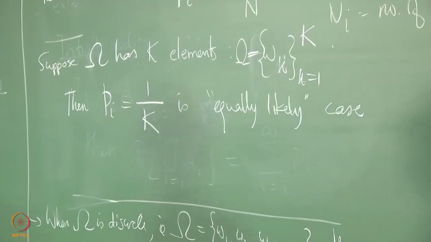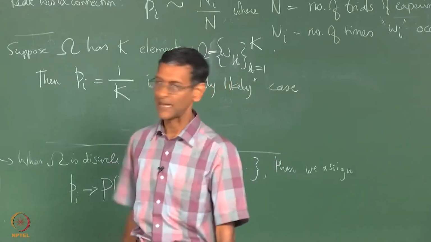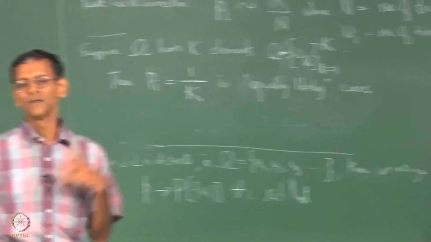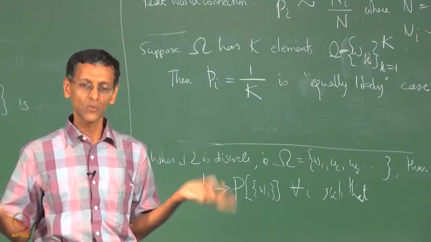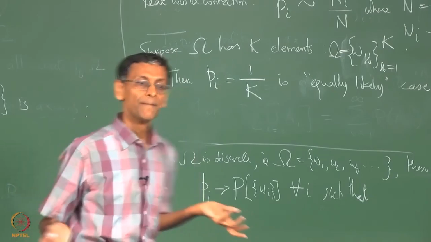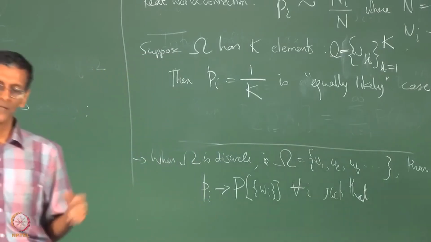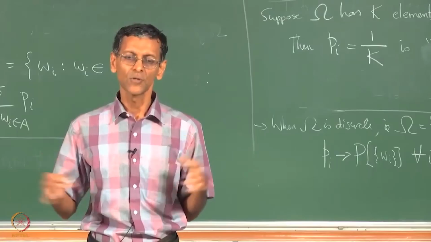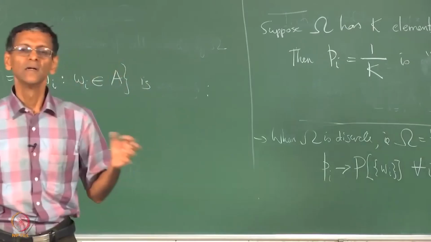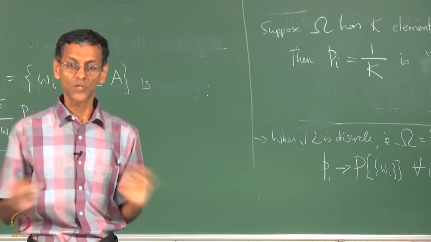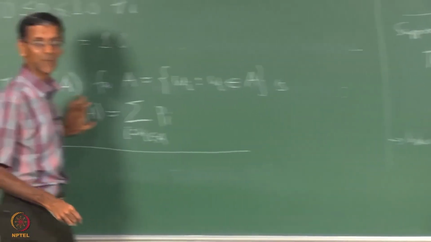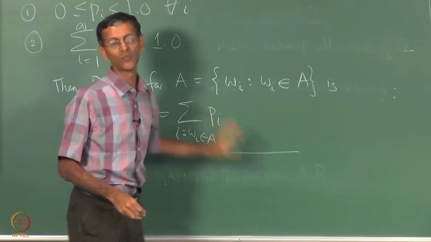If you set this Pi equal to 1 by k, where capital omega has exactly k elements, this is very popularly thought of as the only way that you could do it. Earlier they used to think this is the only way, but now we know that is obviously not necessary. 200 years back, when gambling houses started to apply rudimentary probability, they had the idea that all the elementary outcomes must be equally likely, and then you could get different probabilities by adding different numbers of outcomes.